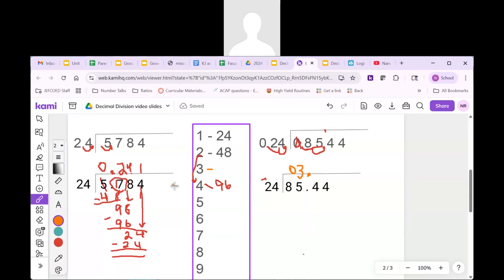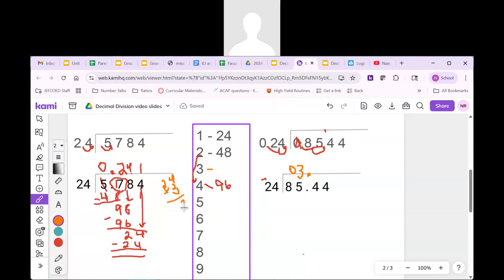So you could get that by adding 24 to 48, or just multiply the 24 times the 3, right? Or you could subtract from the 96. But I'm going to show the multiplication because we need the multiplication practice, a lot of us. Okay, so 3 times 4 is 12.